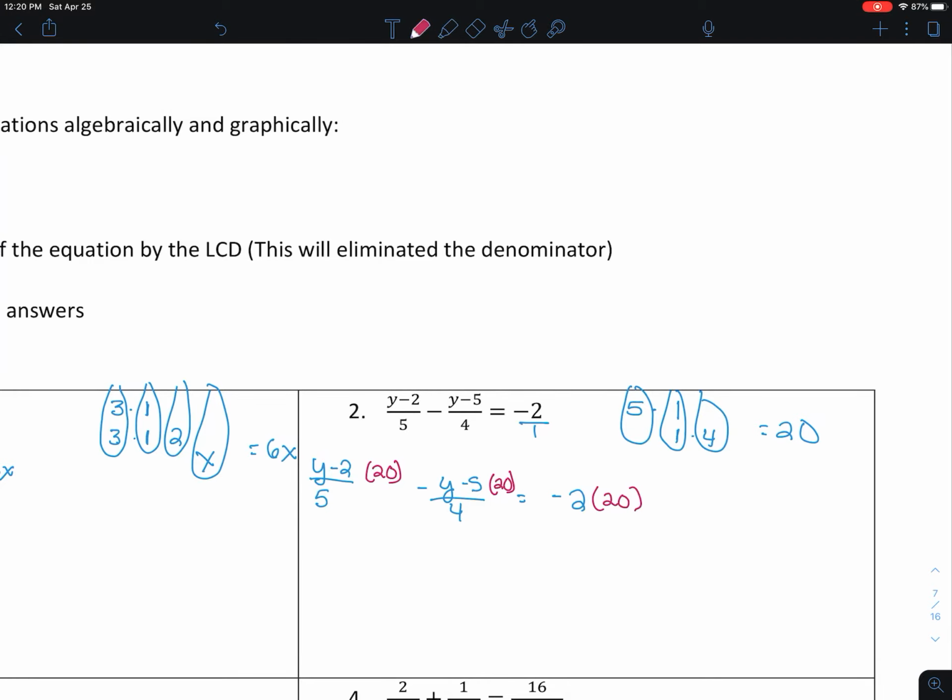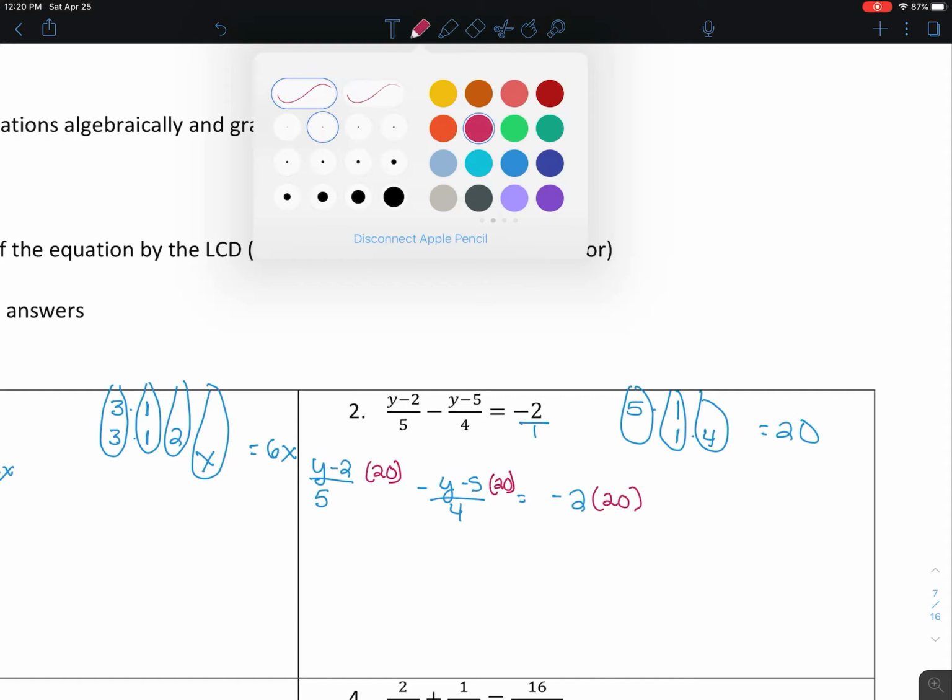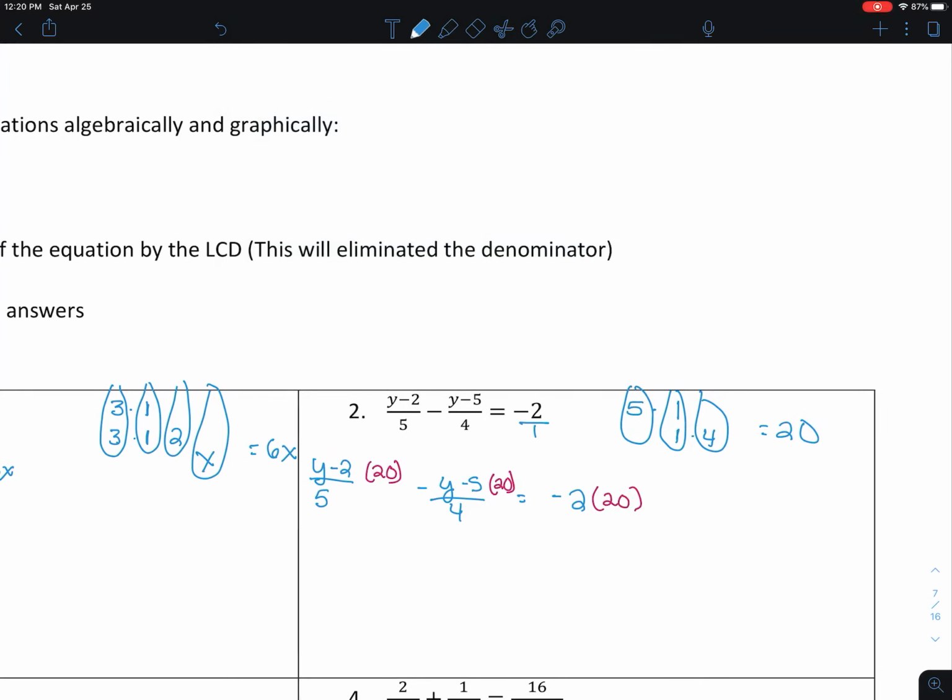Okay, so when I multiply by the least common denominator, the 5 and the 20 becomes 4. So now I have 4y minus 8, distributing that 4 to everyone. Minus, when I divide that into 20, I get 5.